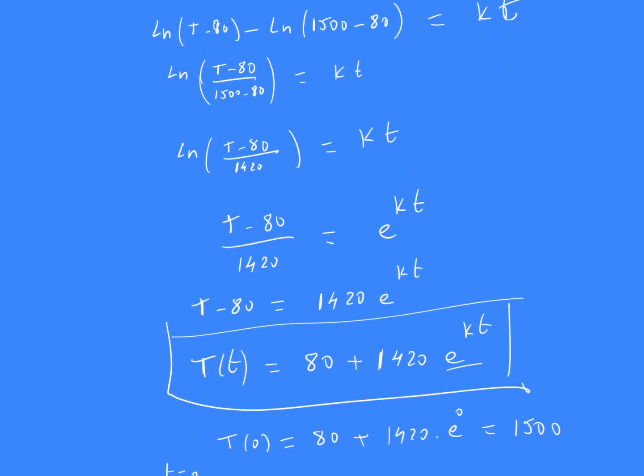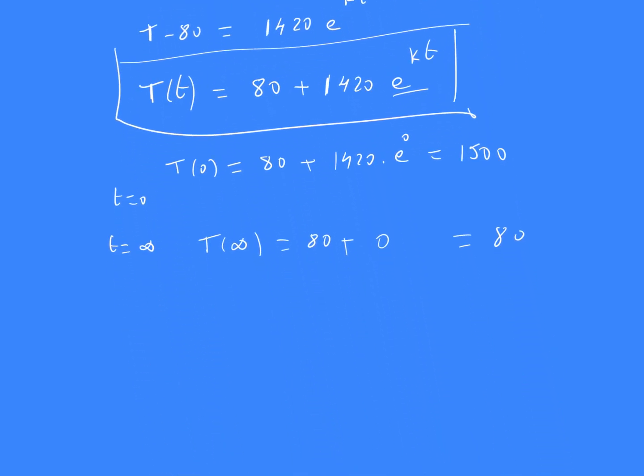We know the temperature is this equation, and we have to find the k. Now we know that when t equals 1 hour, the temperature is 1120 degrees Fahrenheit. So we plug this information into our solution.